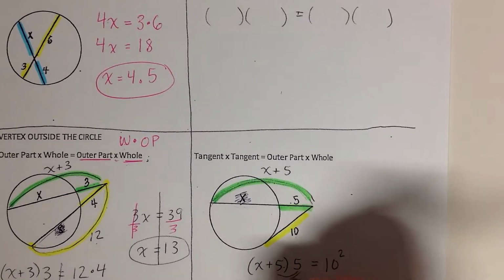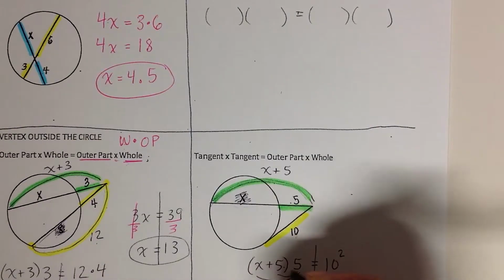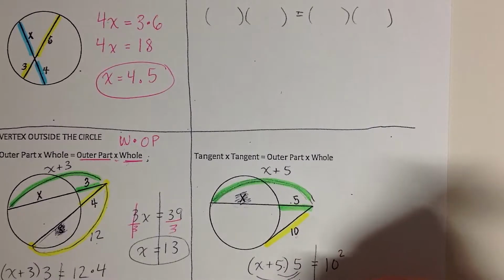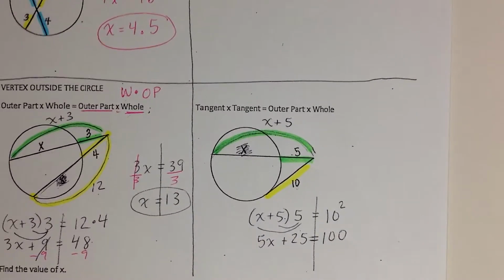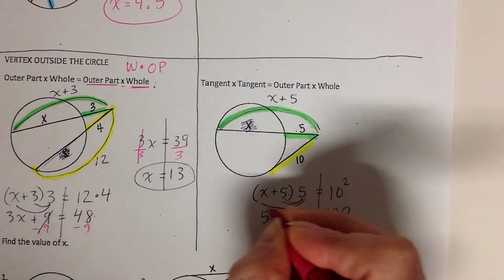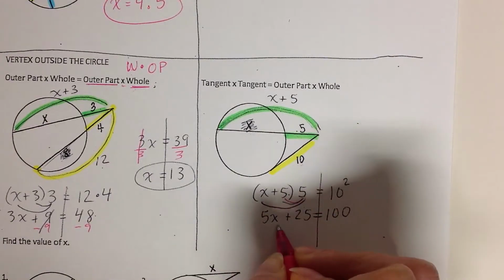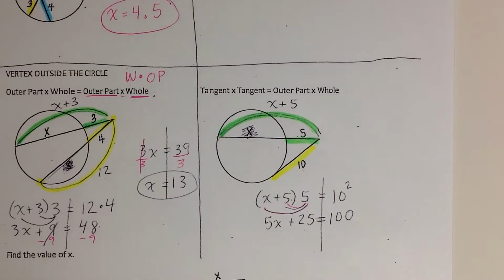So I'm going to distribute to get rid of my parentheses. I always have to simplify before I start doing algebra. Now I'm ready to do algebra and balance this equation. I realized you couldn't see that, so I'm distributing: 5 times x is 5x plus 25 equals 100.